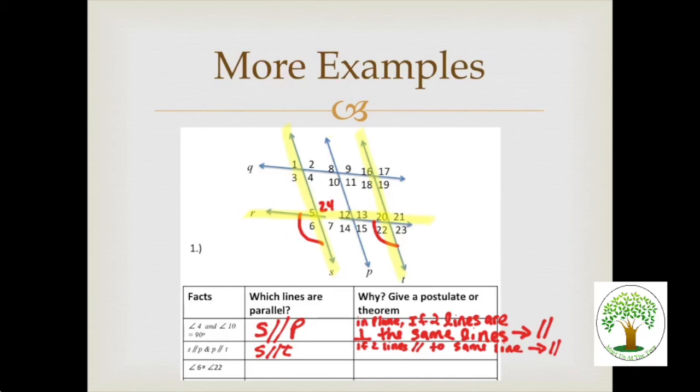Okay, so then we can come over here and write S and T. We said it was corresponding, but now we have to decide, do I write the word converse or not? Converse, because you're proving parallel. We're proving that they are parallel. So the converse of corresponding angles postulate.